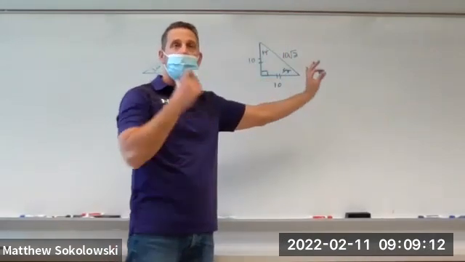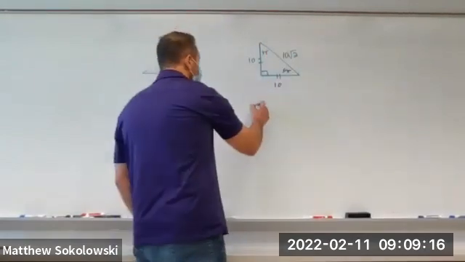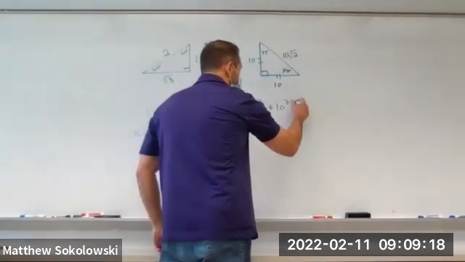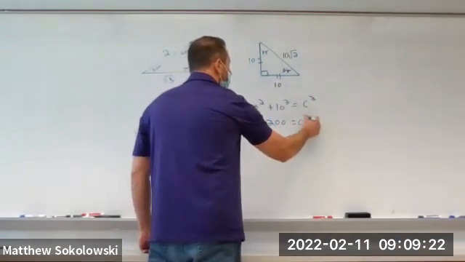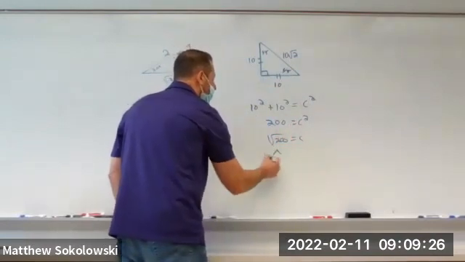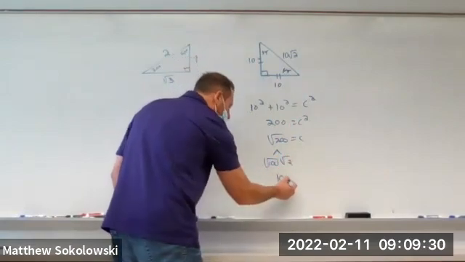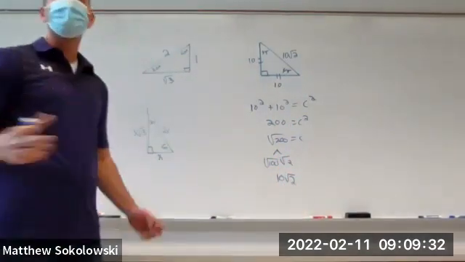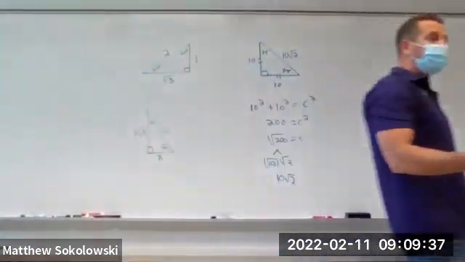If you do the whole Pythagorean theorem, you end up with 10 rad 2. 10 squared, and it happens no matter what you plug in. We end up with 200 equals c squared. C equals the square root of 200, which is the square root of 100 times the square root of 2, 10 rad 2. See how much effort that took me? Instead of just being, oh yeah, you're 10 rad 2. Now you can do the Pythagorean theorem every single time.